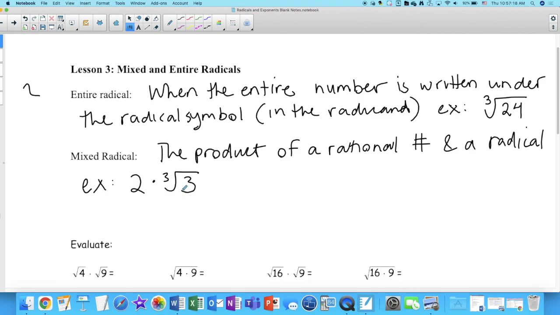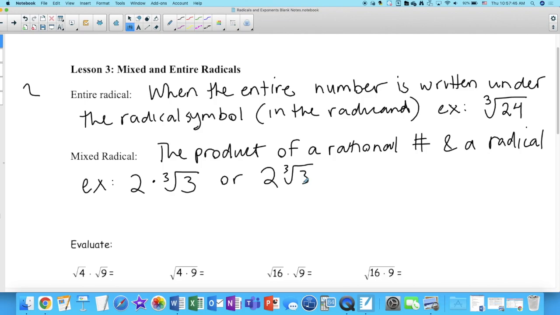Usually you don't have that dot there or a multiplication sign. The dot, by the way, is a multiplication sign. That's one thing that I did notice. A couple people in that pre-assessment didn't know what the dot meant. It's another symbol for multiplication. It's usually just written as 2 cube root 3. So the implied operation is multiplication between those two numbers.